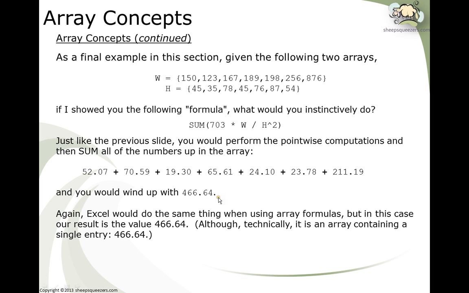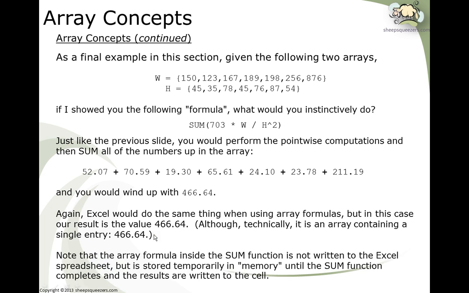Again, Excel would do the same thing when using array formulas, also involving the sum function here. But in this case, our result is the value 466.64. Although technically it is an array coming out of this, it's a single entry, just basically 466.64. You can just consider it a number. Note that the array formula inside the sum function is not written to the Excel spreadsheet.